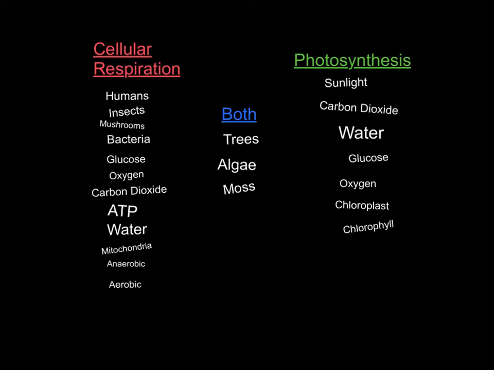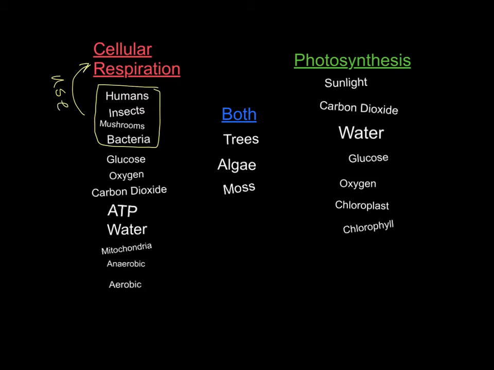Okay, now that you're paused, have it written down and are ready to go, let's do some connections. First connection is going to be with this group of organisms up here at the top. All of these organisms use cellular respiration.